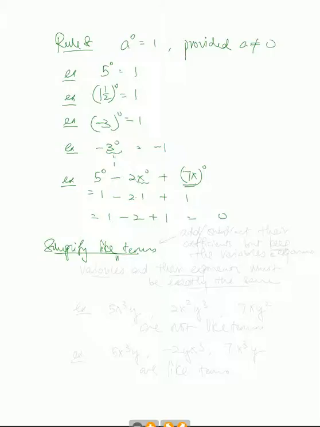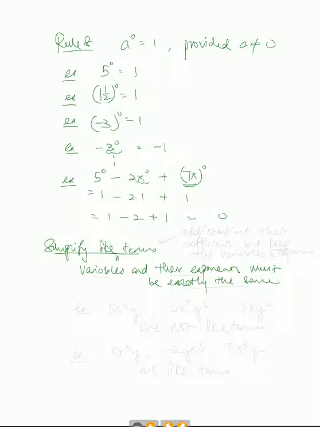Okay, so not only the variables, but the variables and their exponents must be exactly the same. So we're not just looking at the variables, we are also looking at the exponents, not just the base, also the exponents.